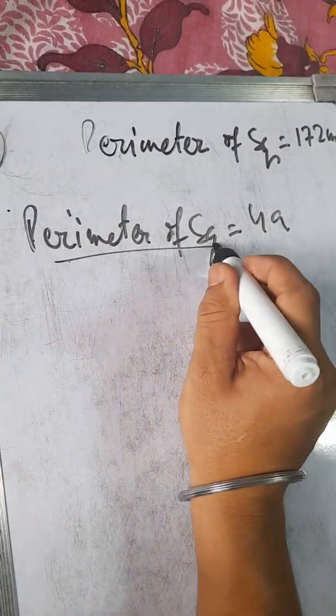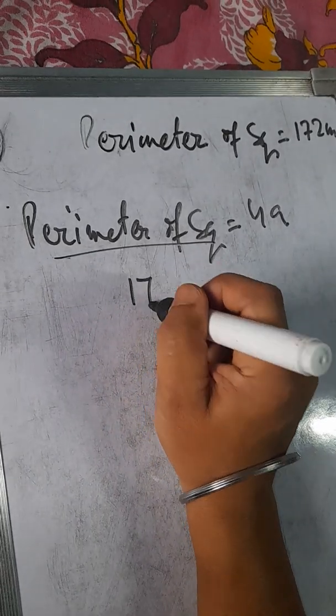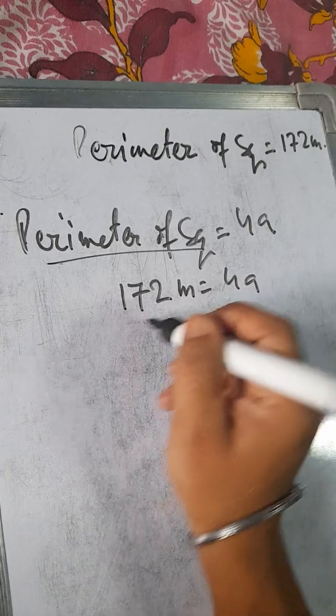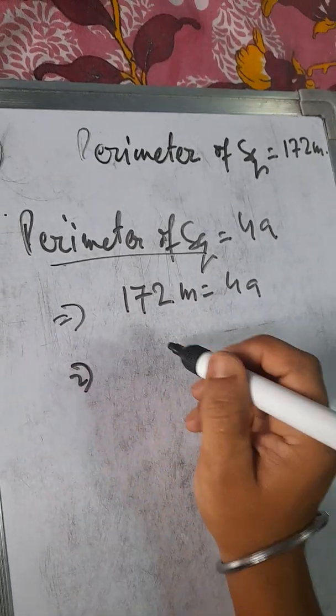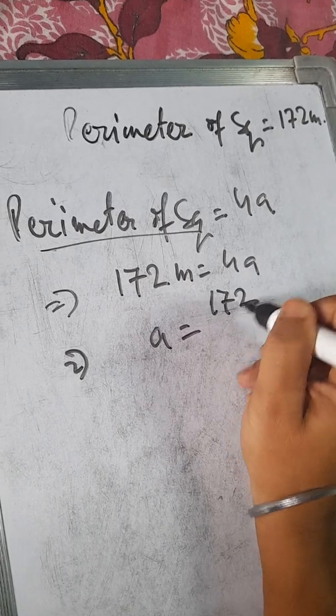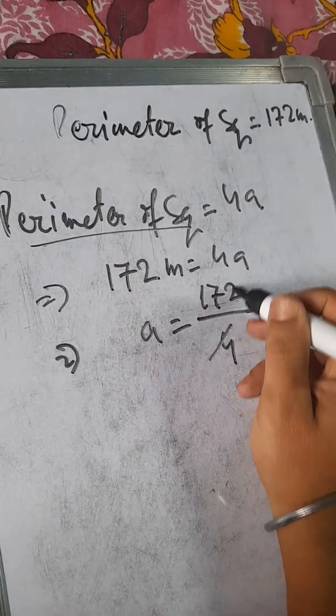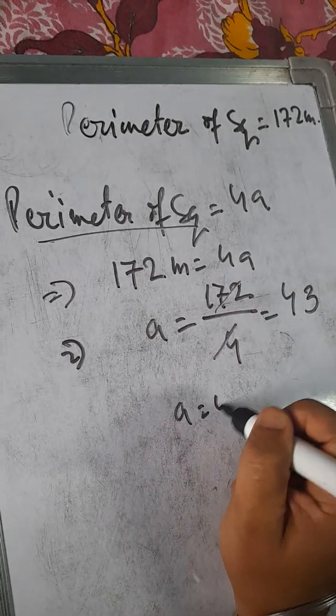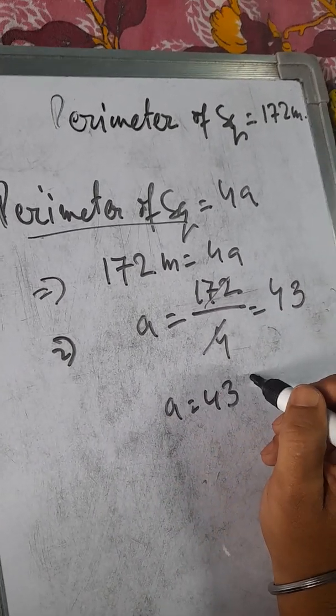So we write 172 meter equal to 4a. As I said, the value which we have to take out, we write on the left side. So we'll just divide 172 by 4. 4 4s are 16, 4 3s are 12. The answer will be a equal to 43 meter.